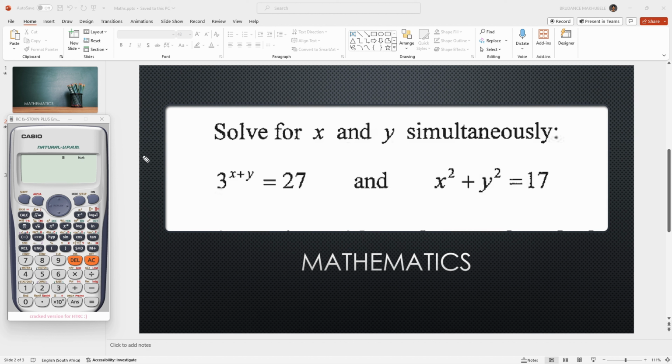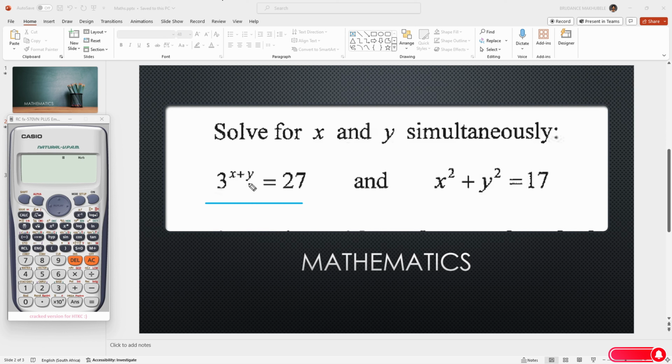Not saying that you don't know how to solve for x or y, but starting with this, because if you check, you'll see that you have 3 to the exponent x plus y, and if you don't know how to deal with this, then you are going to lose your marks. So let me give you a good hint on how you can solve a question like this.